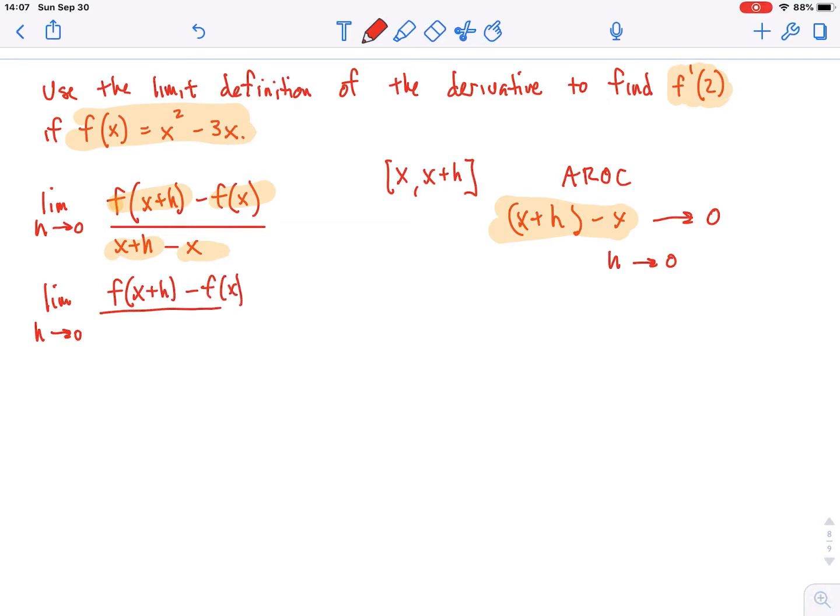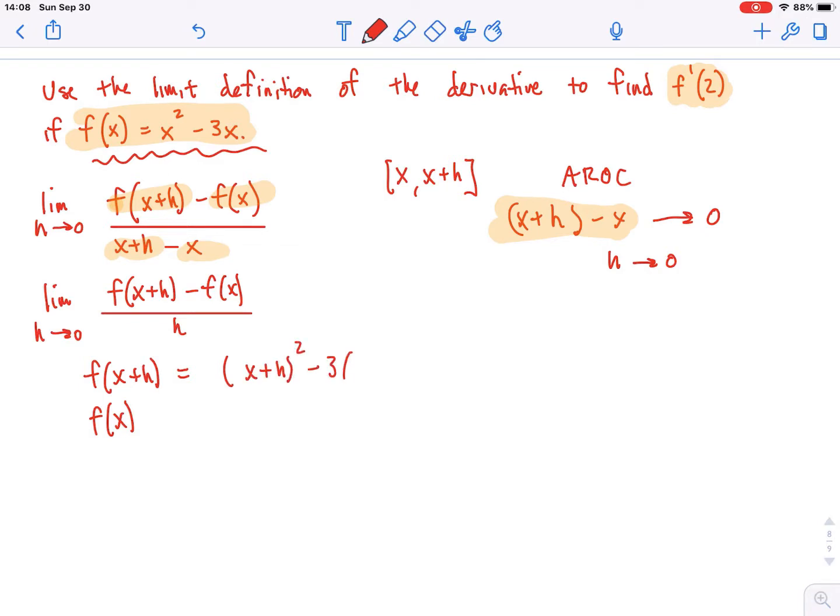So limit as h approaches 0 of f of x plus h minus f of x over h. Let's evaluate f of x plus h and also f of x just so that we do this right. We don't want to lose any terms. So f of x plus h is going to be, using the definition for f of x up here, x plus h squared minus 3 times the quantity x plus h.